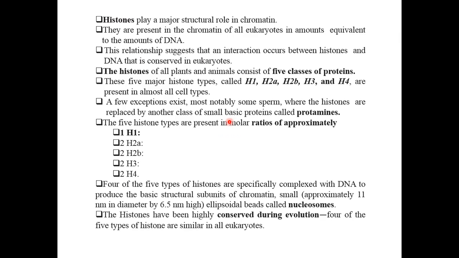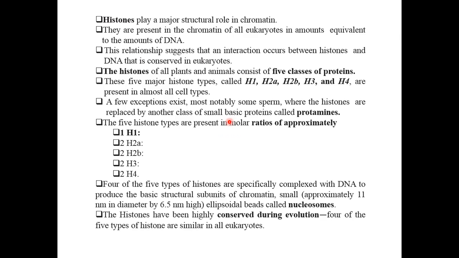So there are two H2 units which are further subdivided into A and B. Four of the five types of histones specifically complex with the DNA to produce the basic structural subunit of the chromatin: small ellipsoidal beads. I have already told you that these beads are called the nucleosomes.